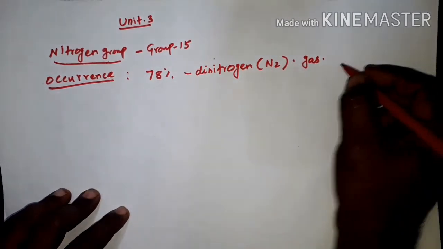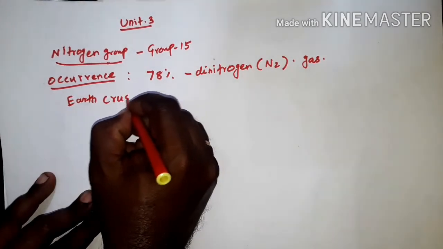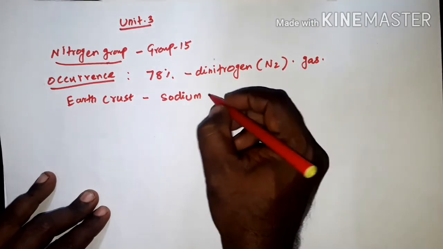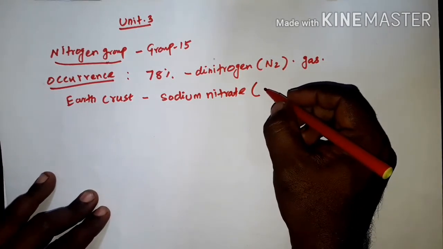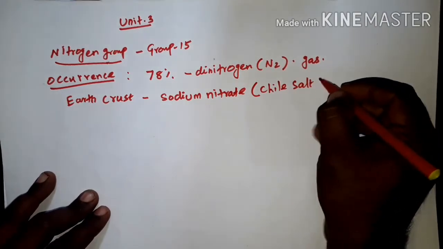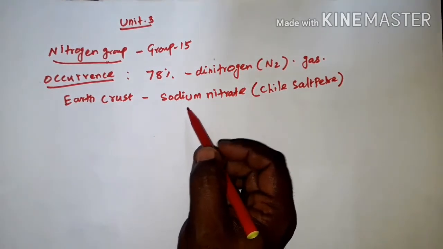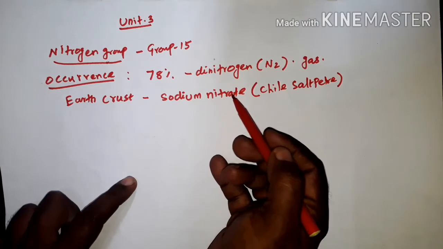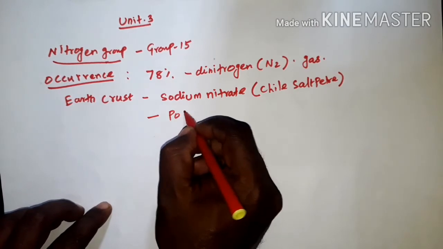In the earth crust, nitrogen is available as sodium nitrate. Another name of sodium nitrate is Chile saltpetre. In sodium nitrate nitrogen is present, and also in potassium nitrate.